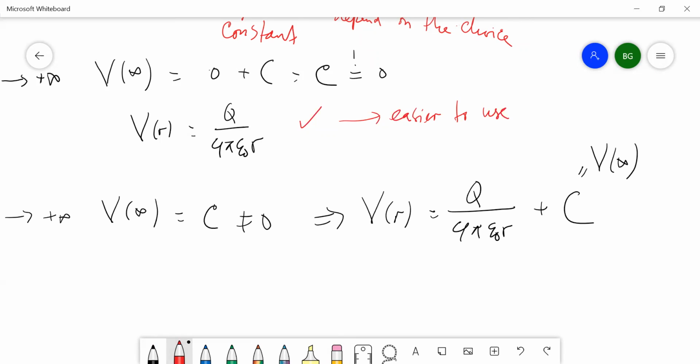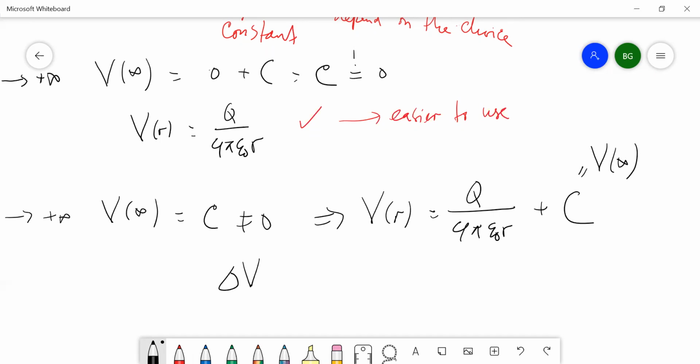But in a voltmeter, if you want to measure the potential, the voltmeter measures only the potential difference. So it's not so important how you choose this constant.